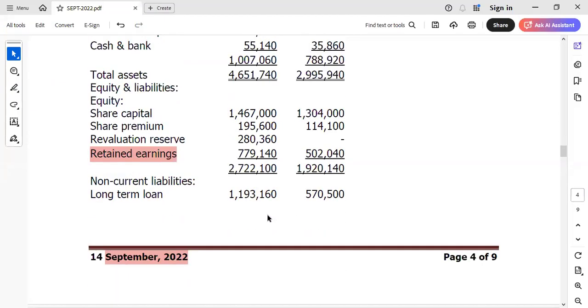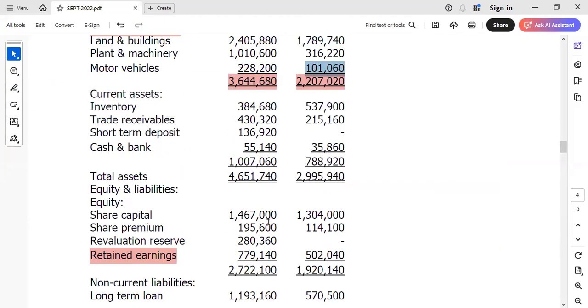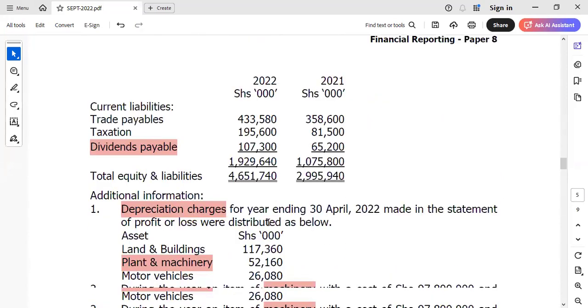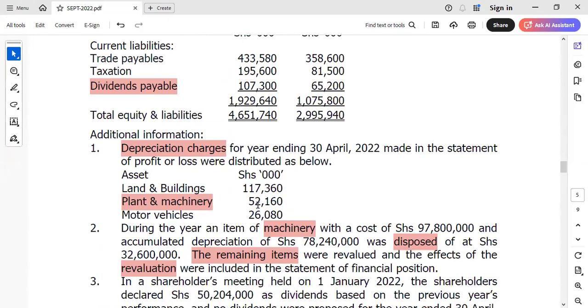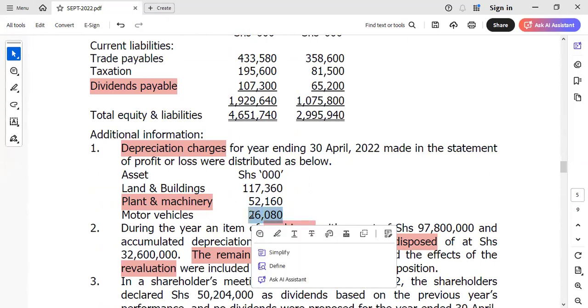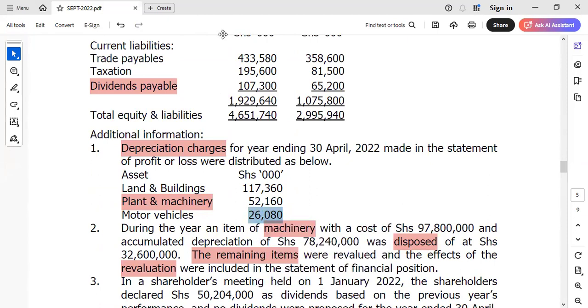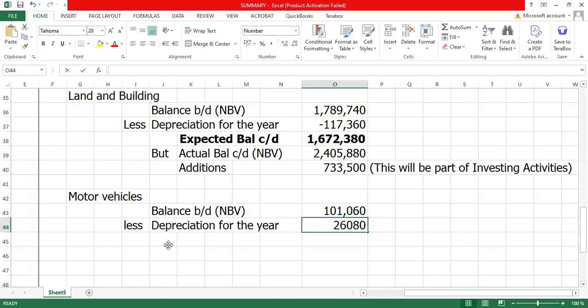It is 26,080. That is the depreciation for the year.